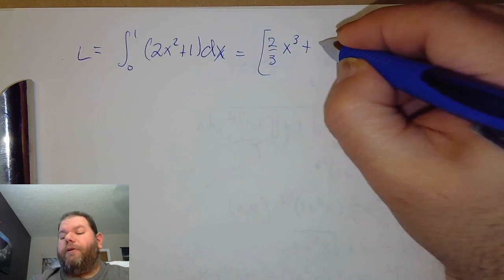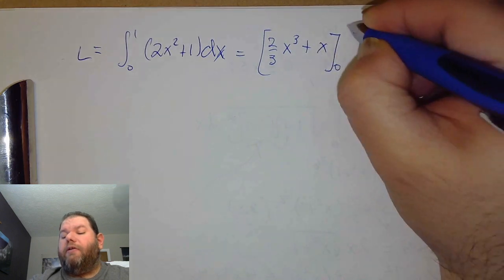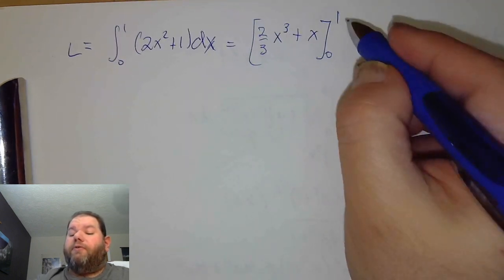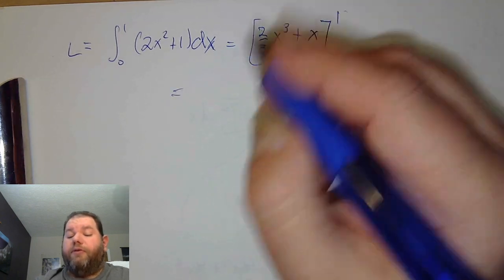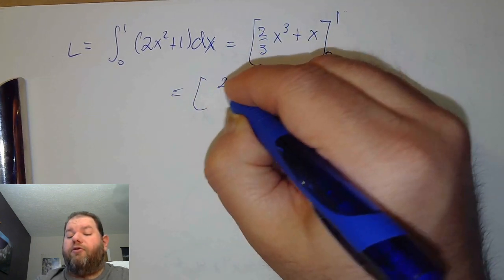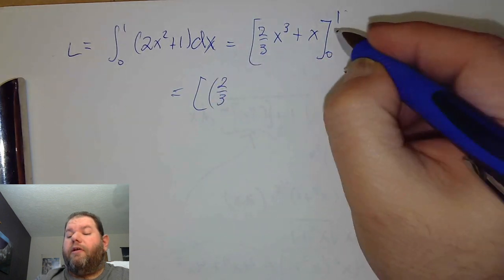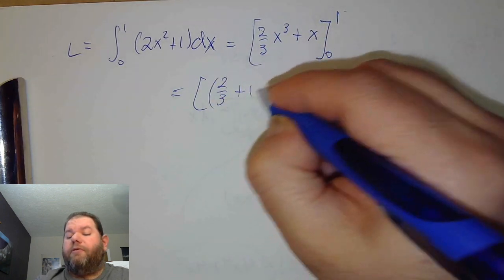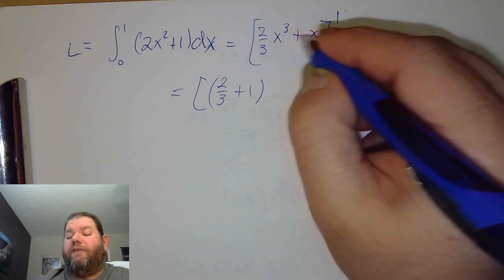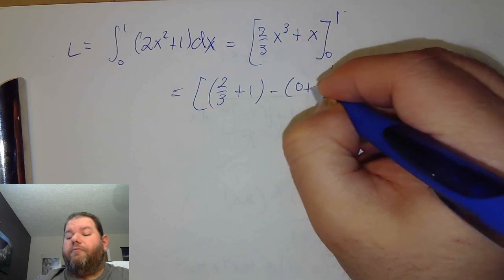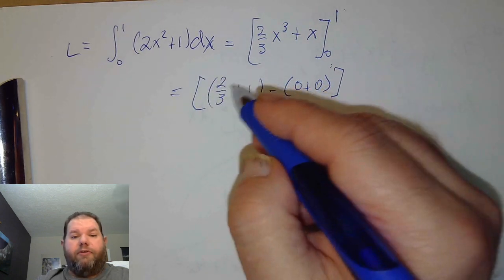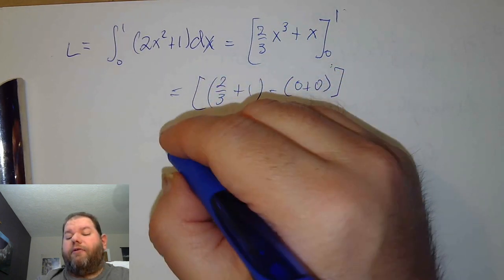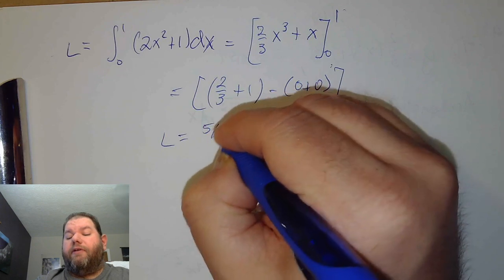The integral of 1 will be x. That's from 0 to 1. So if we plug in x equals 1, we get 2/3 times 1 to the third, plus 1. And then 0 gives us 0. Finally, combining 2/3 and 1 together, that's 5/3. So our arc length is 5/3 in this scenario.